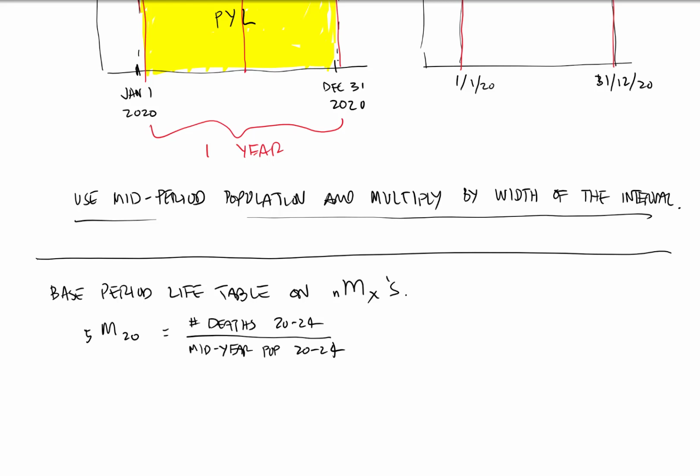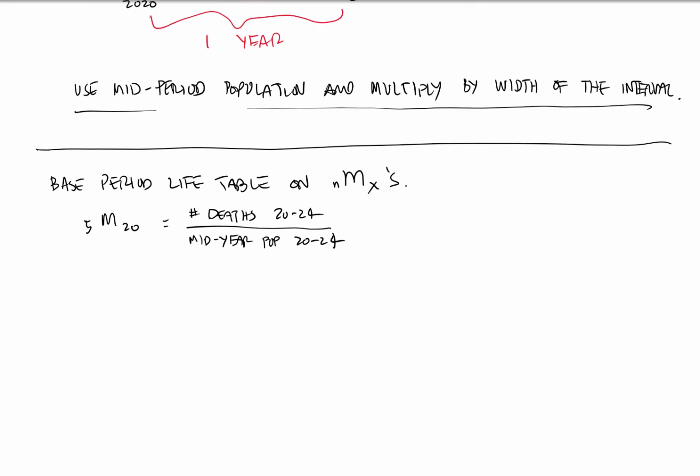Once we have all of the nMx's, then we want to convert those to nQx's. Those are the probabilities of dying between ages 20 to 24. And from there, we're going to convert that to the nPx's, which are not the probabilities of dying, but the probabilities of surviving.